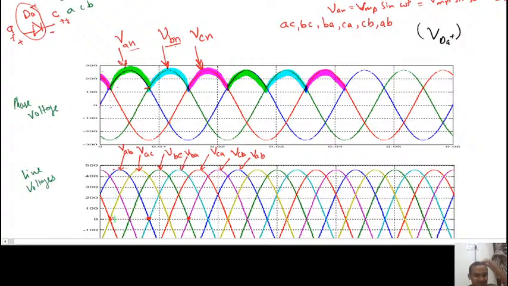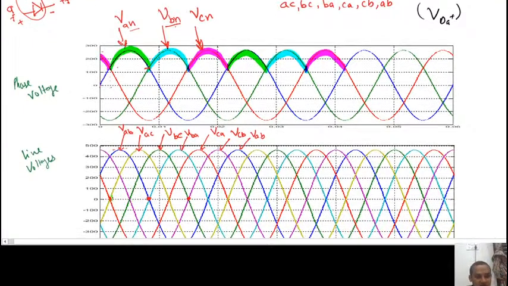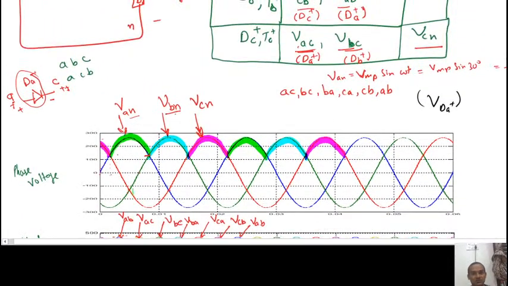During that period, the voltage across A was 0, and this is only for 120 degrees. You can see it through the table and from the figure also. Now A was off when B was conducting and when C was conducting.